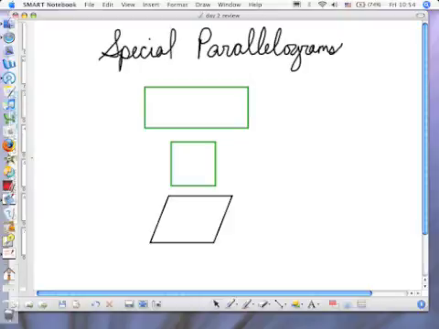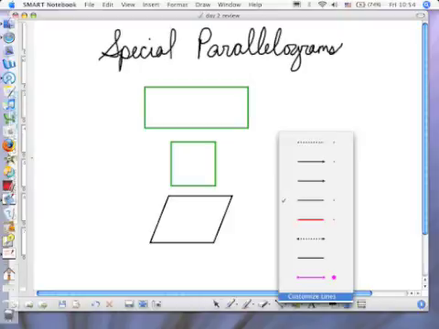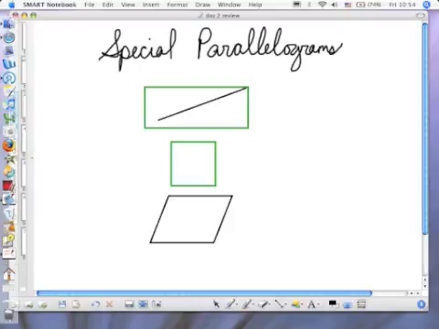And the diagonals bisect each other. All right? Now, in a rectangle, in addition to that, not only do the diagonals bisect each other, they are also equal to each other. So when they bisect each other, they form 4 equal segments.